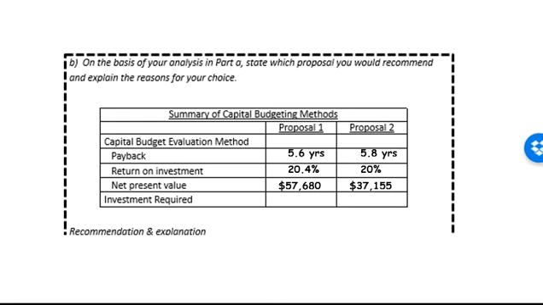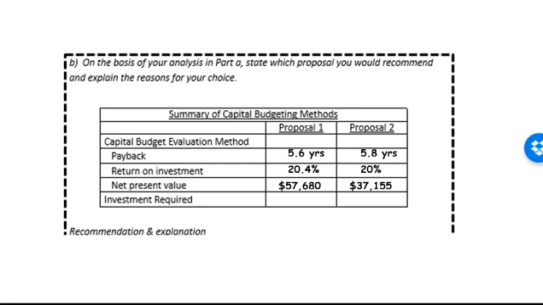That's compared to proposal 2, where the net present value is $37,155. So we'd most likely pick proposal 1 over proposal 2 because it provides a higher net present value based upon the cash flow invested in day 1, year 1.